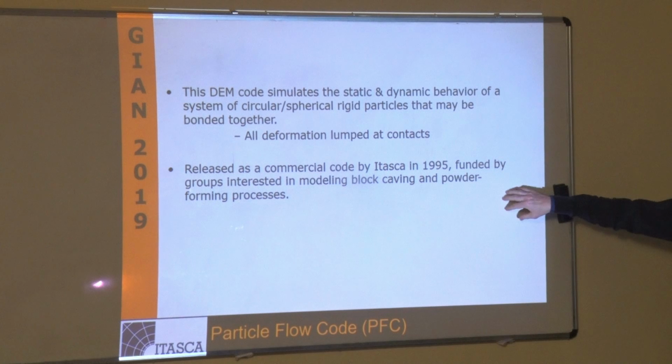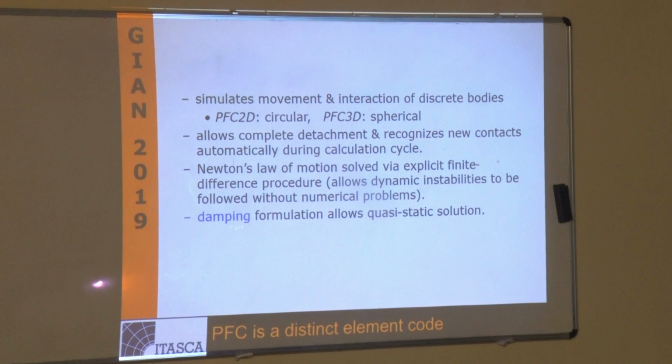So the first commercial code that came out of Peter Cundall's work was commercialized in 1995 by Itasca, a company that was founded by Peter Cundall. He was one of the founders. So PFC is another formulation, and what it does, instead of using blocks, is discretize everything in particles.